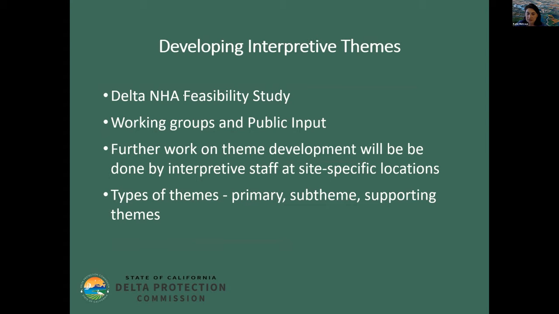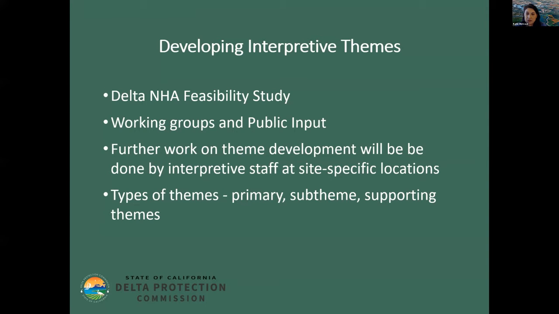The main themes: we have an overarching theme, which is like the umbrella for the entire interpretive plan for the Delta. And then we have categories, primary themes, and then themes that are related to the primary themes. They're called sub-themes. I don't expect you to remember that, but it's just some terminology.